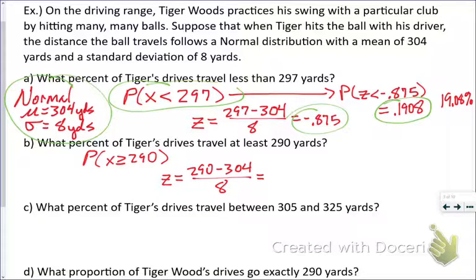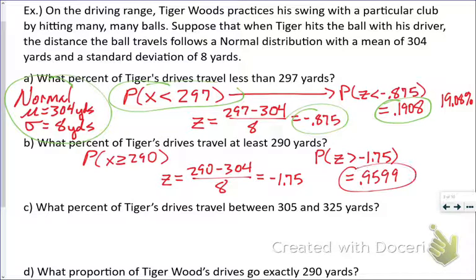And we get negative 1.75. The new proportion question we're finding is this, and the answer is 95.99. This one I'm grading one less thing because you already defined the distribution. So just those three things.